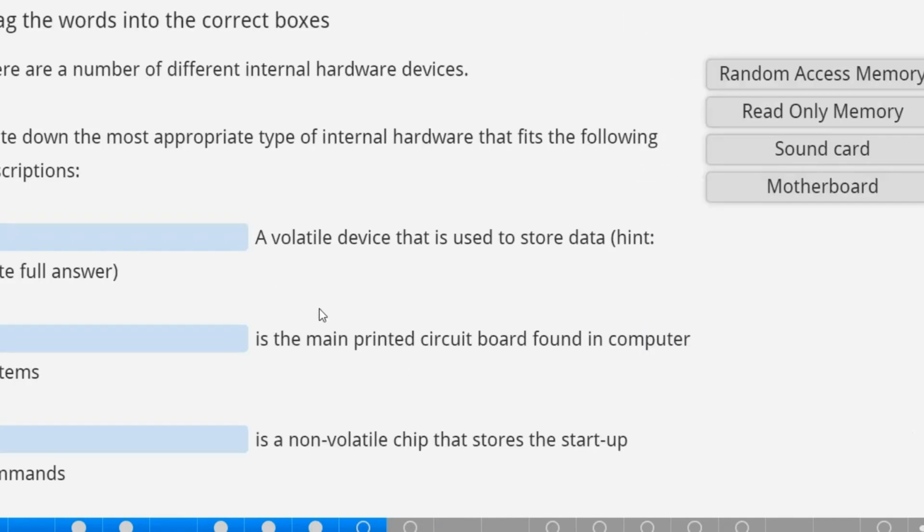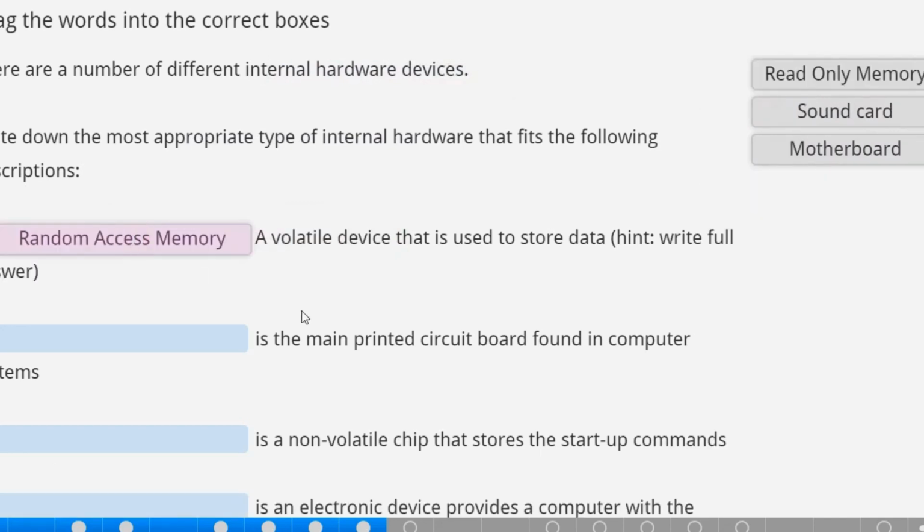Now, let's move on. This is another past year question. This one says there are a number of different internal hardware devices. Write down the most appropriate type of internal hardware that fits the following descriptions. A volatile device. Immediately you see volatile device, you should know that one is RAM. We just talked about it earlier. Then this is the main printed circuit board.